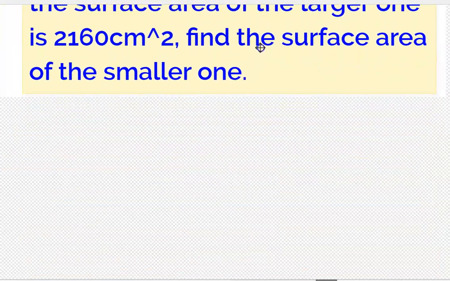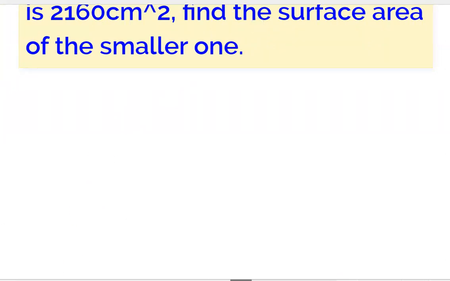Solution. We want to start by looking at the volume scale factor, and I have said the volume scale factor is nothing but the ratio of the volumes.